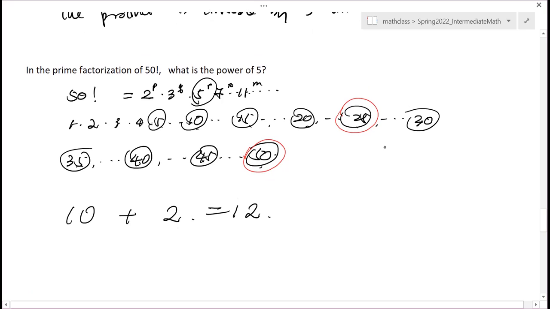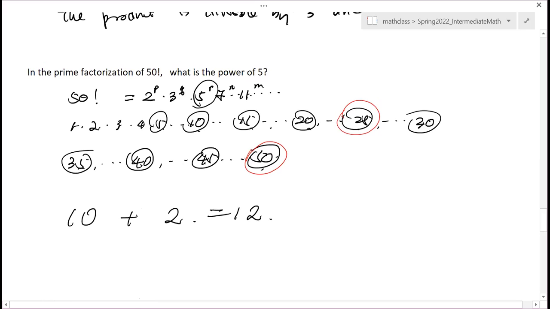Because I can see them on the screen. But 2022 is a pretty large number, right? Is there any better way to solve this problem? Now, how many factors of 5 does it have? So think about this problem. Let me know if you find a quick way to solve it, because sometimes you will be given such kinds of problems.